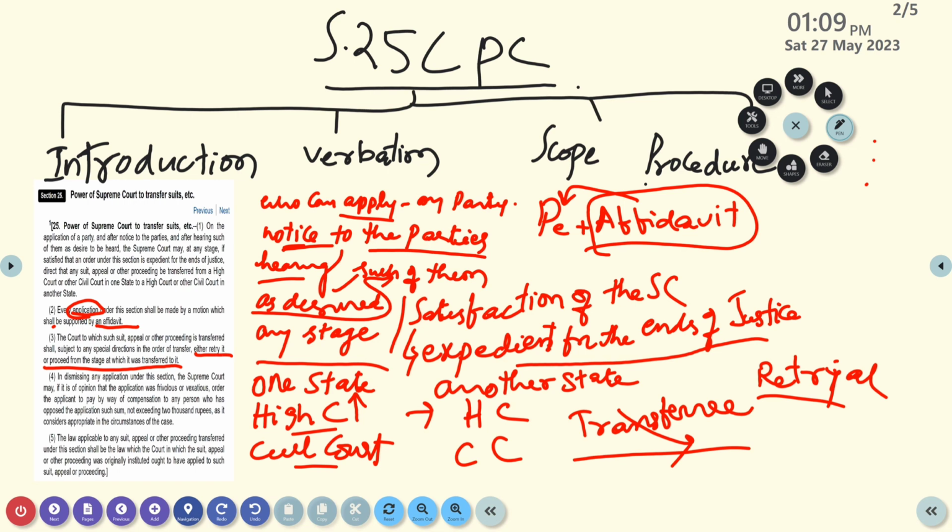Okay, suppose the Supreme Court did not transfer and dismissed the application of the transfer petition. Can it impose cost? Yes. When can it impose cost or compensation? That is subclause 4. The Supreme Court can impose compensation if it is of the opinion that the application was frivolous or vexatious.